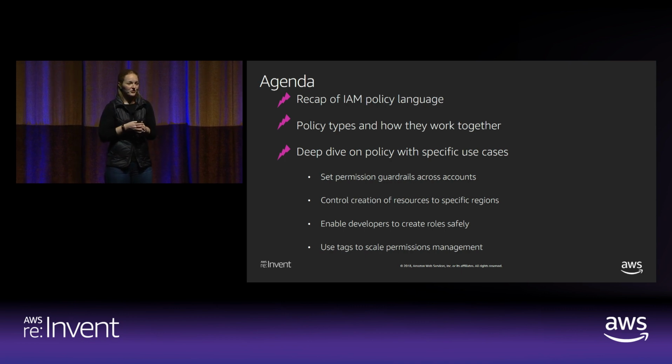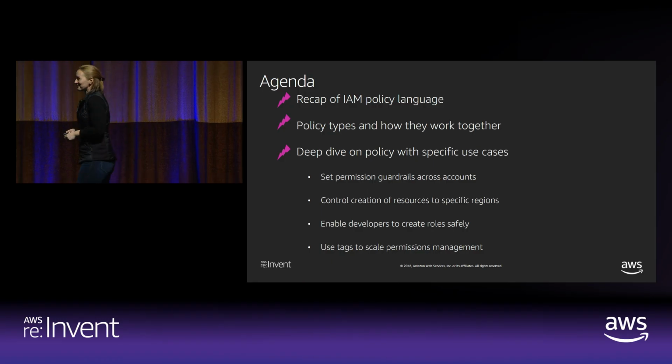And so we want to be able to show you how to create guardrails in your account, so we'll do that. Then we're going to talk about controlling access to specific regions. That was a big one this year for a lot of our customers. And then we're going to talk about 2 new features. First, permission boundaries. That's how to enable developers to create roles safely. And then we'll go into tag-based permissions. And then I'll show you my favorite policy.